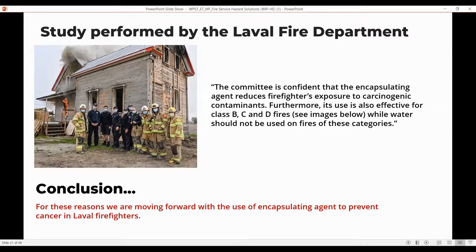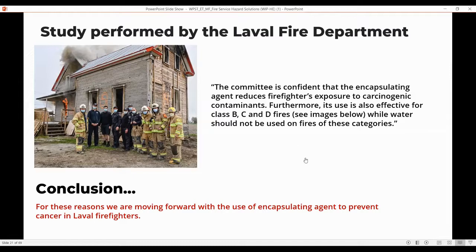For this testing, they took brand new hoods worn by the firefighters at every fire they did. They pulled the hoods, bagged them, and sent them off to the University of Ottawa for testing. In every case, the hoods worn when F500 was used came back with fewer contaminants and toxins than the hoods worn when plain water was used.